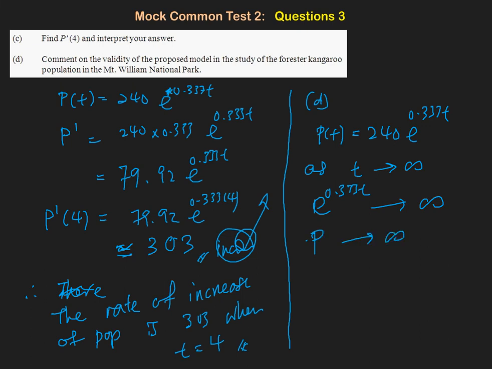You can even check, put in a number, say after 4 years, 48 months, you have over 100 million or more than that. So this model is not feasible because it doesn't take into account the resources and so on, and therefore not valid. Alright.